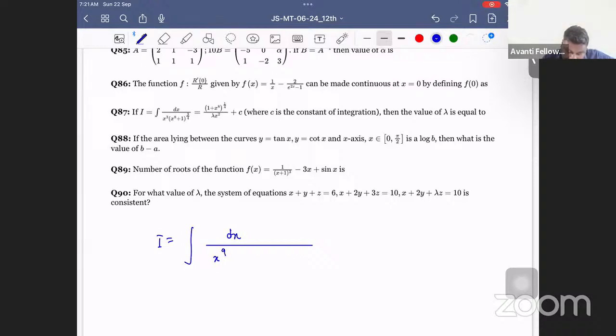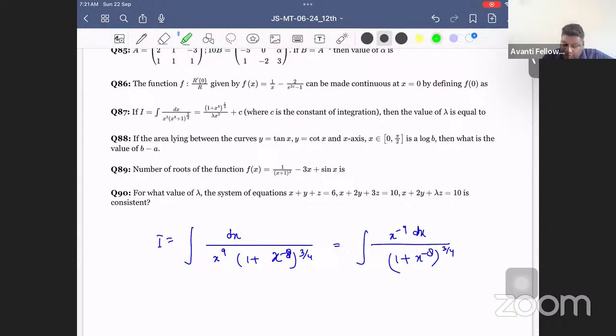It will be x to the power 9, and 1 plus x to the power minus 8 raised to the power 3 by 4. So it can be written as x to the power minus 9 dx upon 1 plus x to the power minus 8 raised to the power 3 by 4. Now, if this is your t, this will help you making dt. Got it?